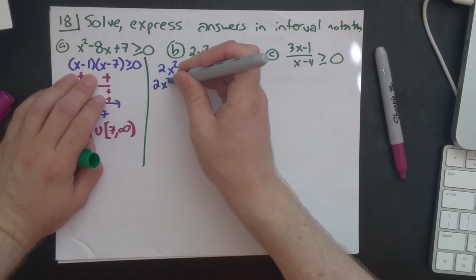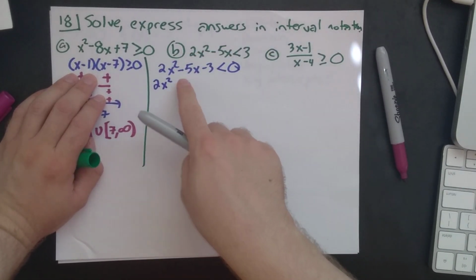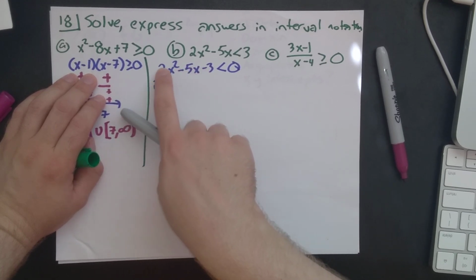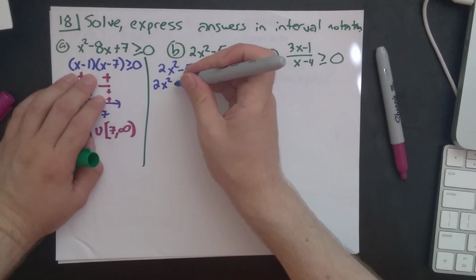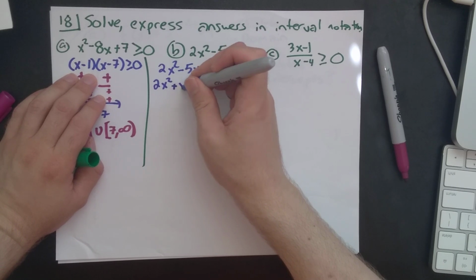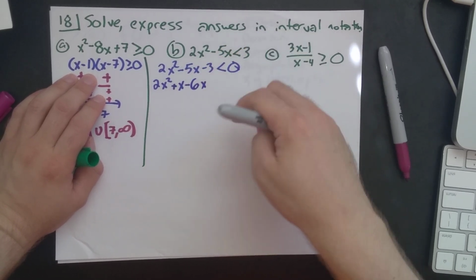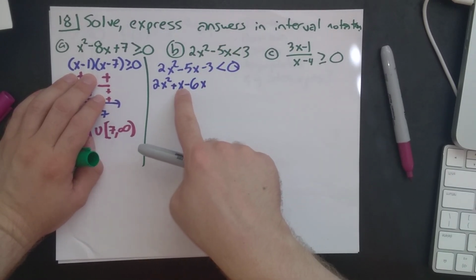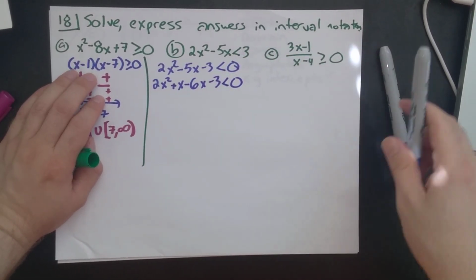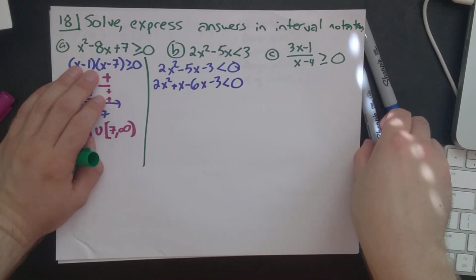To find factors, we can realize that 6 times 1 also equals 2 times 3. So I'm going to break this up as 2x squared plus x minus 6x, rewriting minus 5x as x minus 6x, minus 3 is less than 0. So this will allow me to factor things.